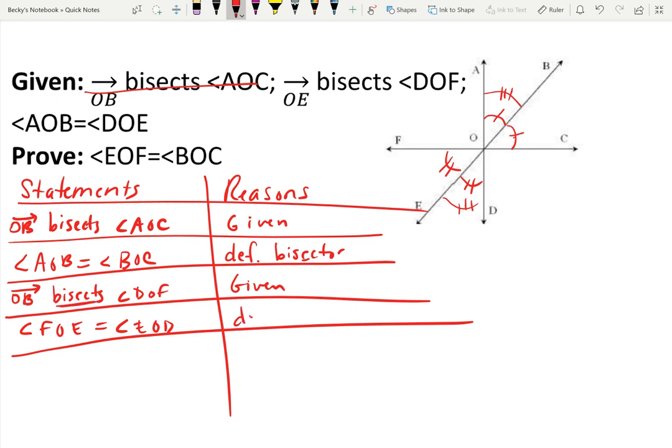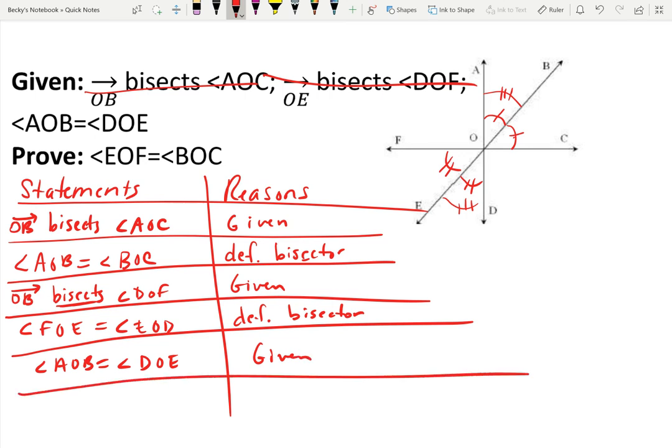Vocab word, definition of bisector. And I have one more given. So, again, rule of thumb, take your given, tell me what you can get out of that given, okay? So the first given, because of it, I knew it bisect. The second given, I knew that it bisect. This one, there's really nothing I can do to it yet.